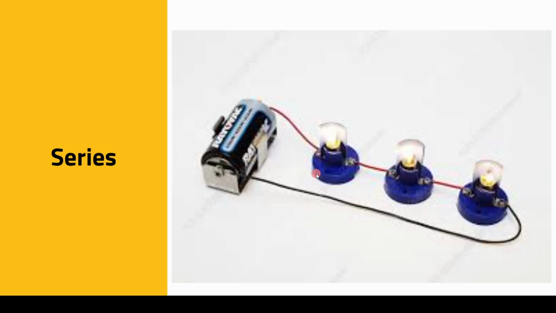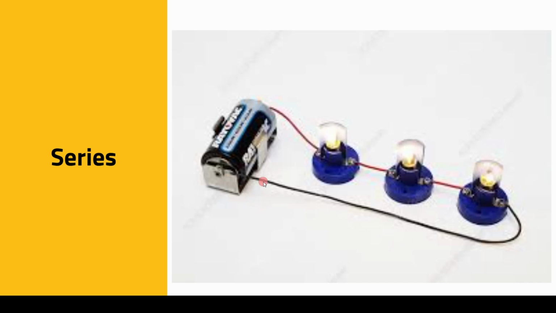So technically what's happening is the voltage gets divided, because it has to pass through each of these resistive elements, which are the three bulbs. So if you have a 9-volt battery and you have three bulbs like so, each bulb will have a voltage drop of 3 volts. So 3 volts are dropped here, then the other 3 volts are dropped with the second lamp, and the final 3 volts are dropped across the third lamp.